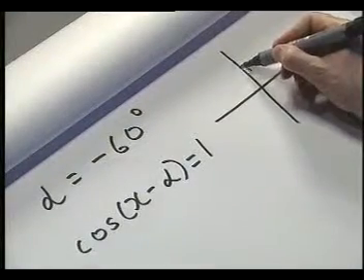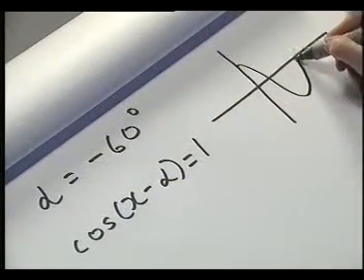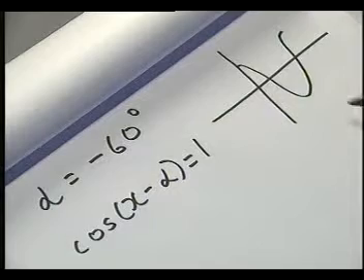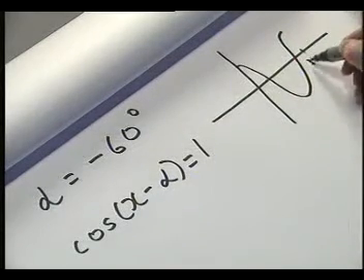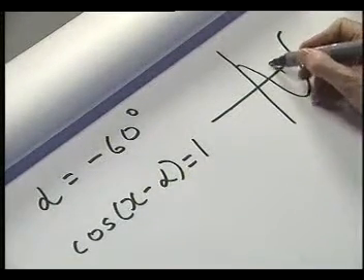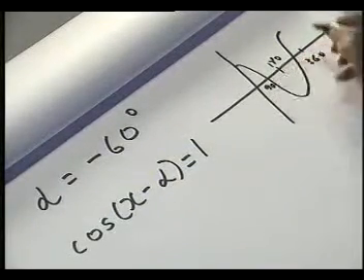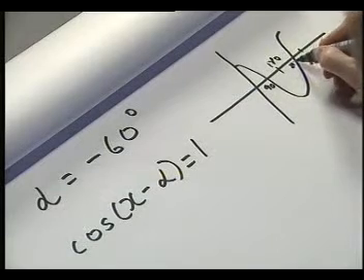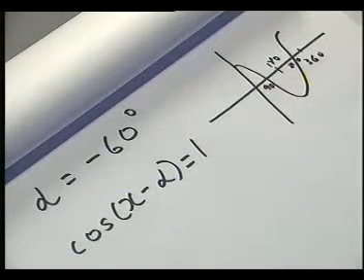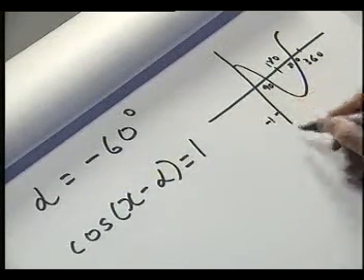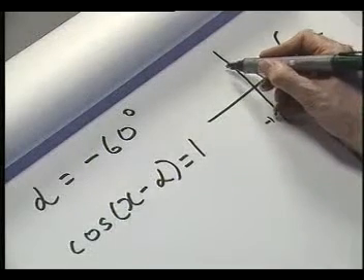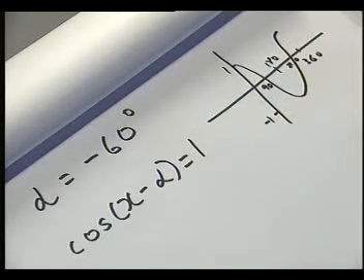So let's sketch our cosine curve between 0 and 360 degrees. We know that it looks like that. There's 360, there's 180, and here we have 90, and here 270, just squeezing that in there. We know that this goes down as far as minus 1, and these maximum points are up at 1.